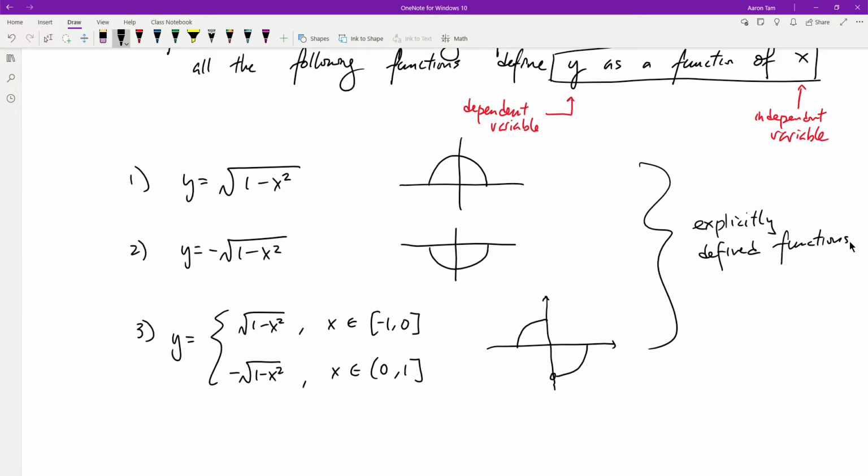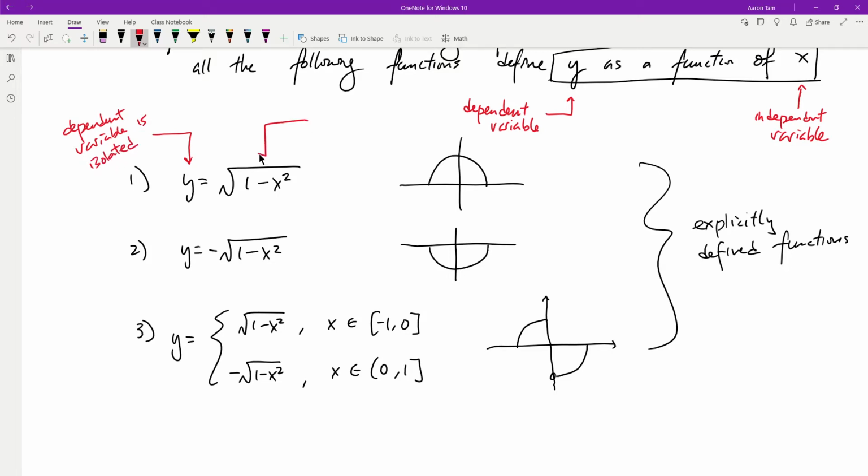When I write it at this, as 1, 2, and 3 here, they are now referred to as an explicitly defined function. So why is it different? The difference is the following. An explicitly defined function, notice that the dependent variable is isolated by itself.